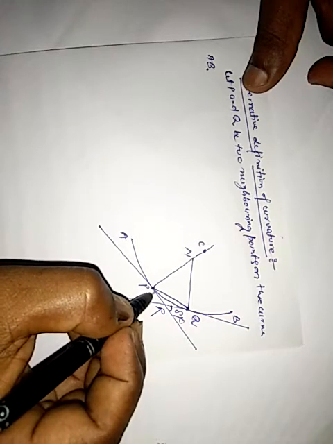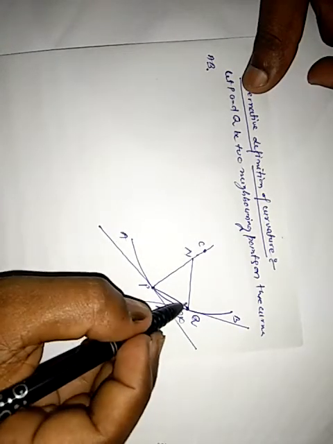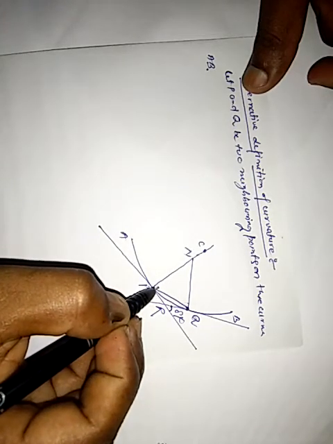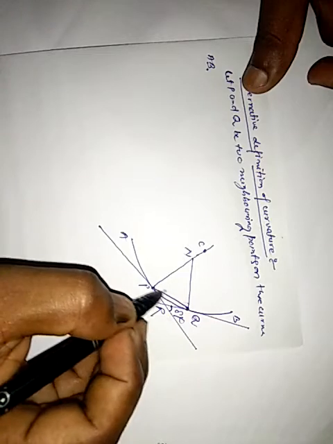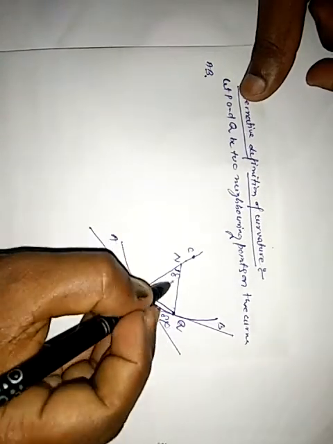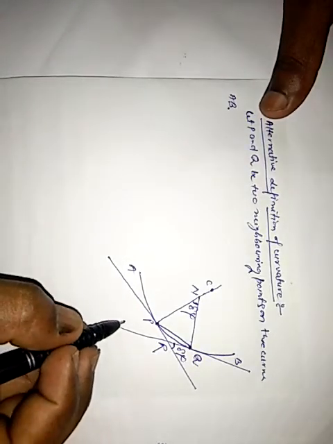The sum of the angles at P and Q will be 180 minus delta psi. Therefore, this angle will be delta psi.